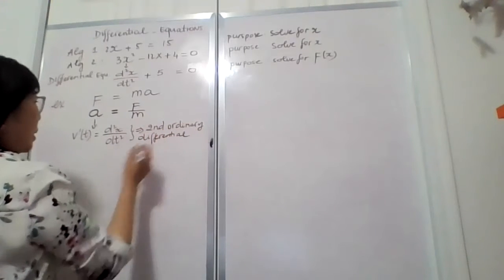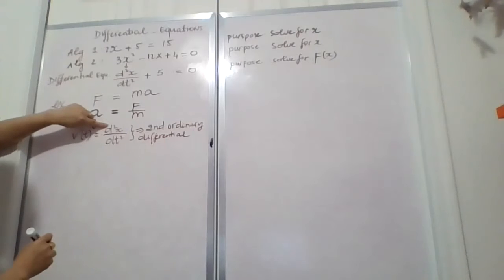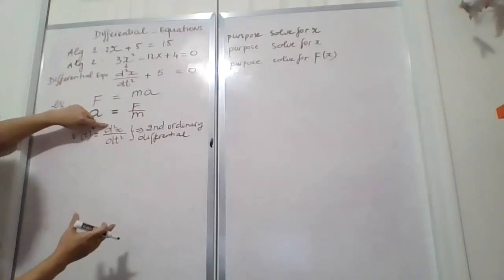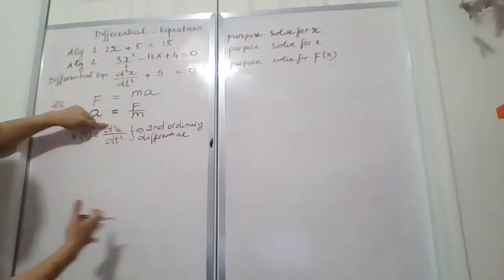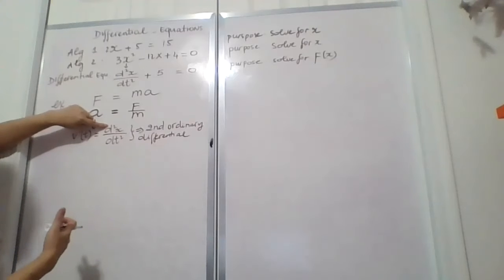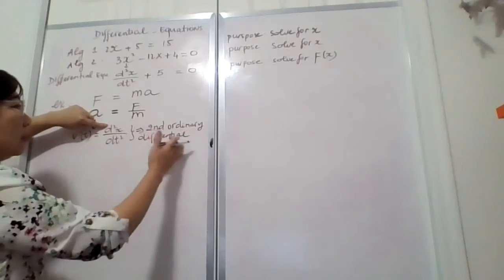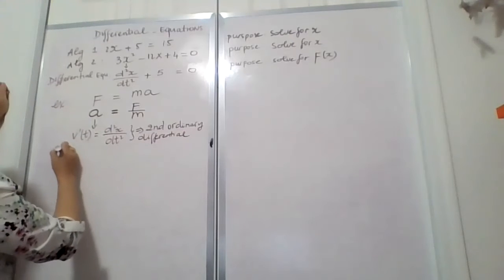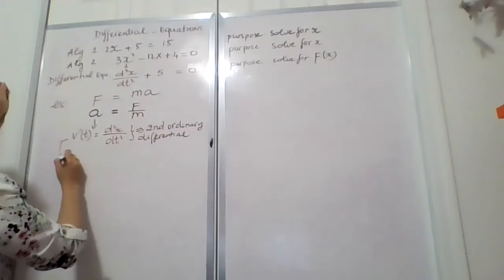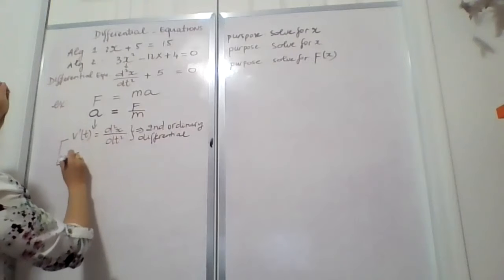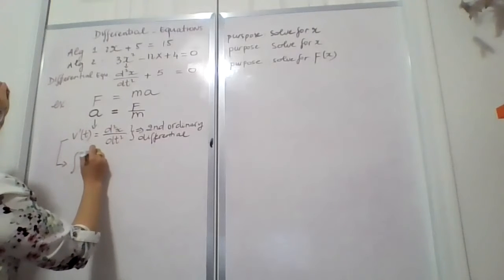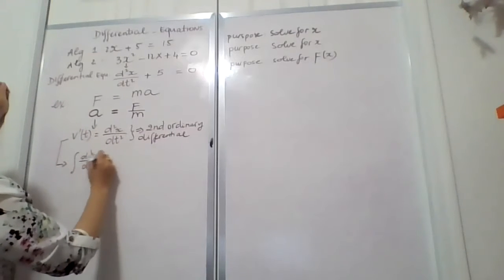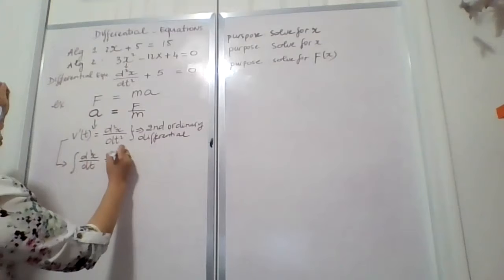And we call it second because this is the second derivative, right? We have the first derivative and we have the second derivative. So we call it the second ordinary differential. Now, if we integrate this derivative, we get back to the first level.